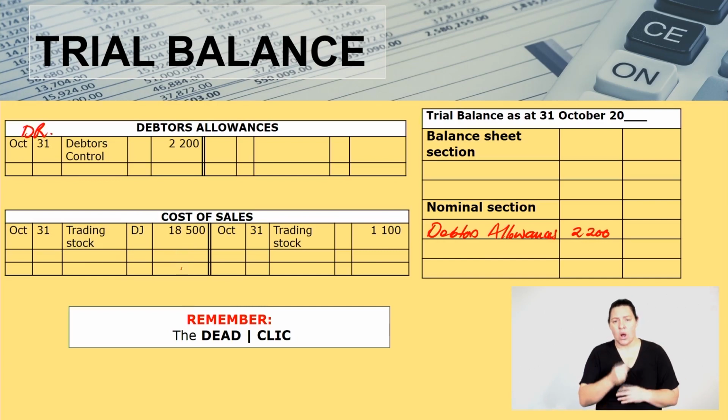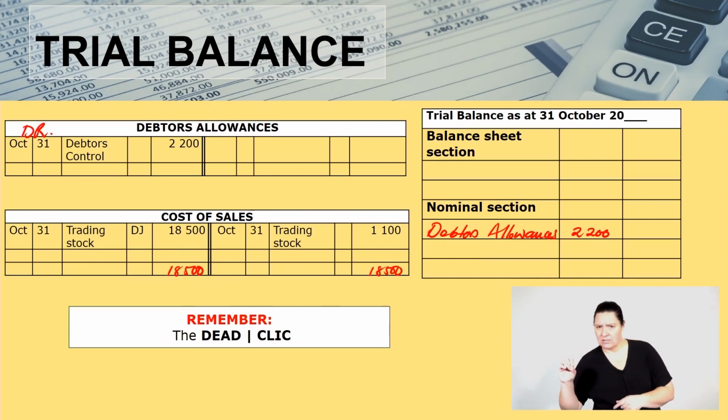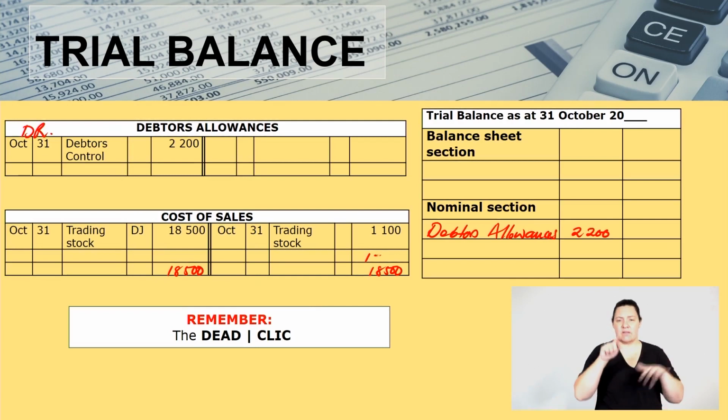So you're simply looking for the side with the highest amount, which is 18.5 here, 18.5 here. And then the difference here is going to become 17,400. All right. So that becomes my total brought down. So when I'm here, I now have my total that is being brought down, which is 17,400.